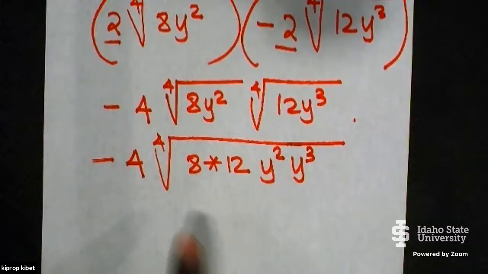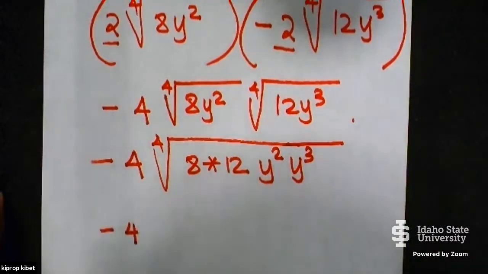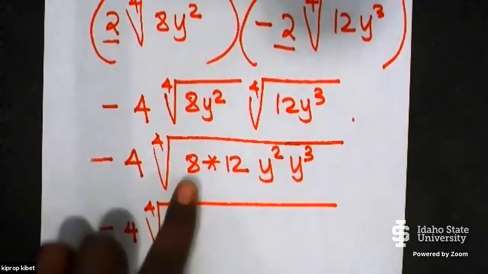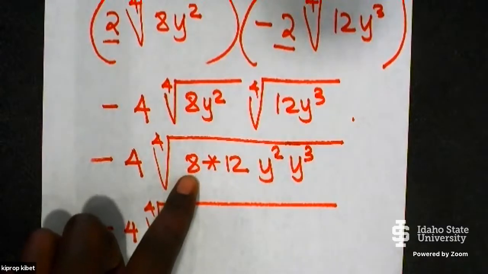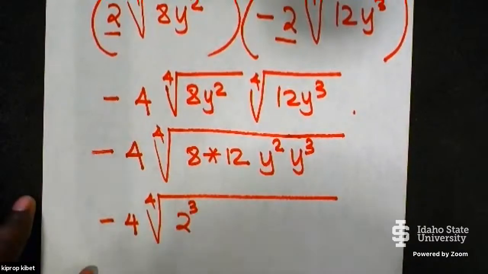Now we can look for the what? The factors there. So the next step, minus 4. The fourth root of what? So 8. How many 2s are in 8? 3, right? So we have 2 raised to 3.